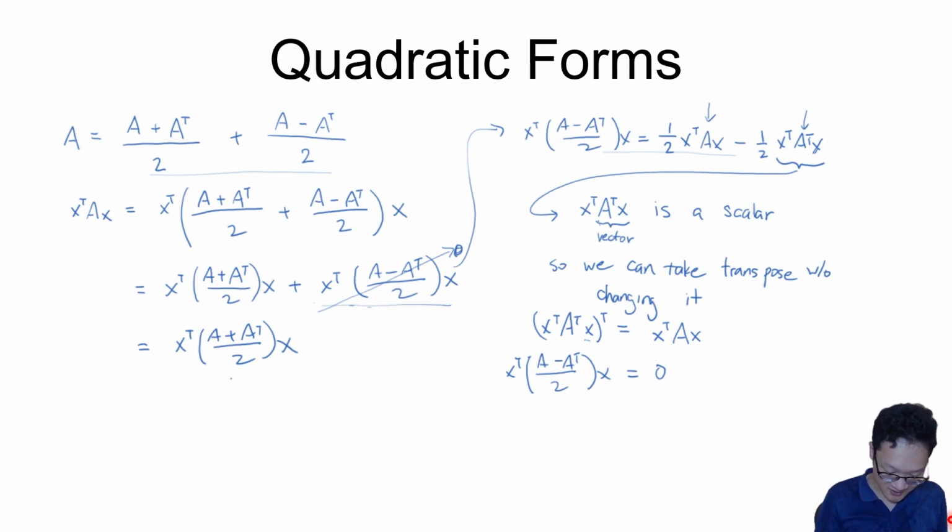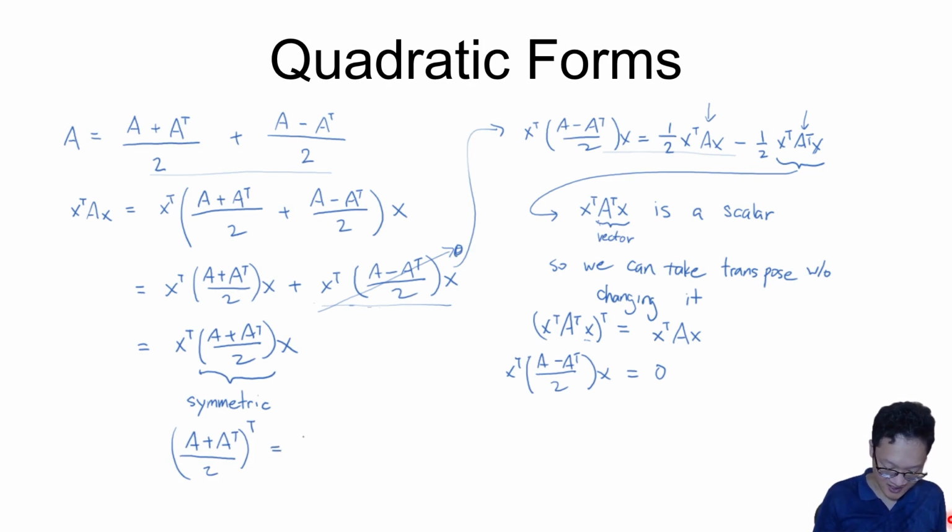And when we look at this one term, the important observation here is that this part, A plus A transpose over 2, is symmetric, right? Hopefully we can see this by inspection. But if we cannot figure this out by inspection, one easy way would be to simply take the transpose of this thing and see what we get, right?